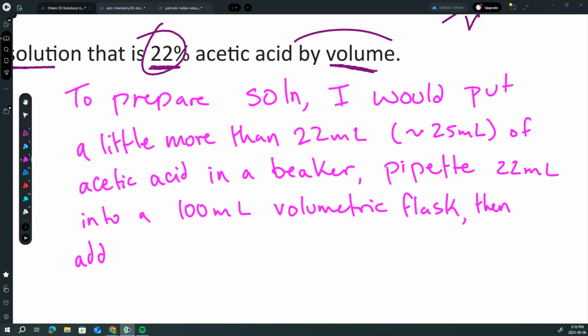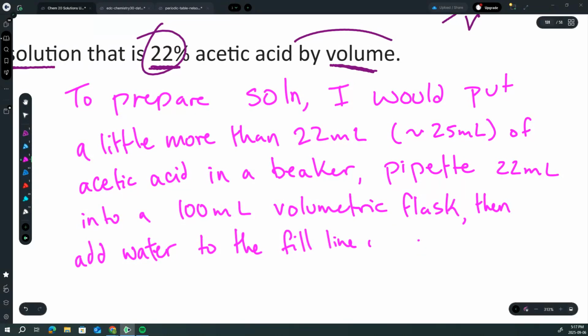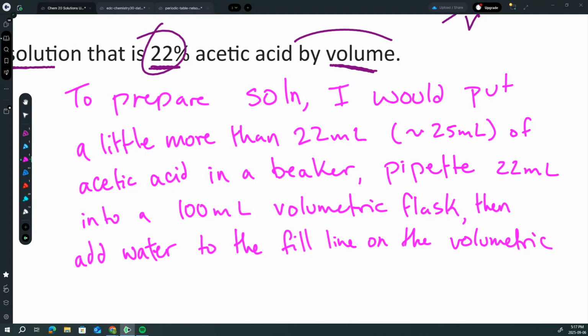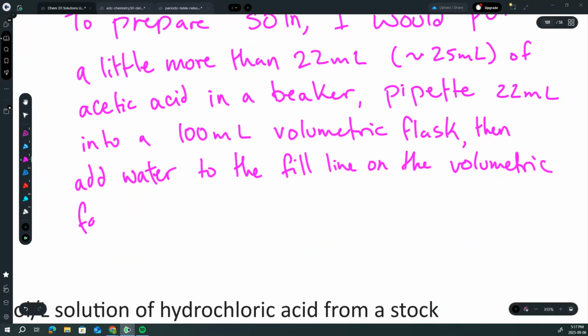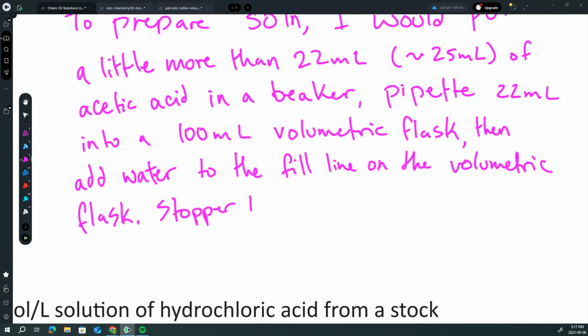Then add water to the fill line. Stopper the flask and invert 10 times.